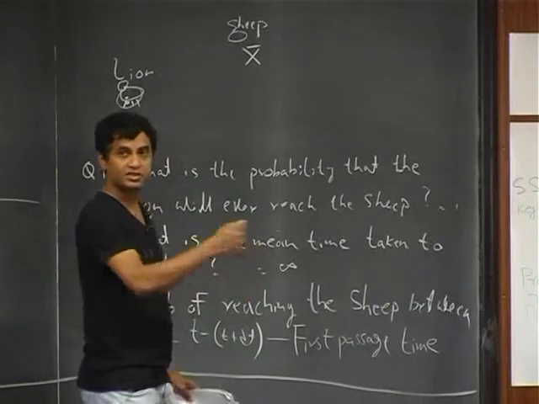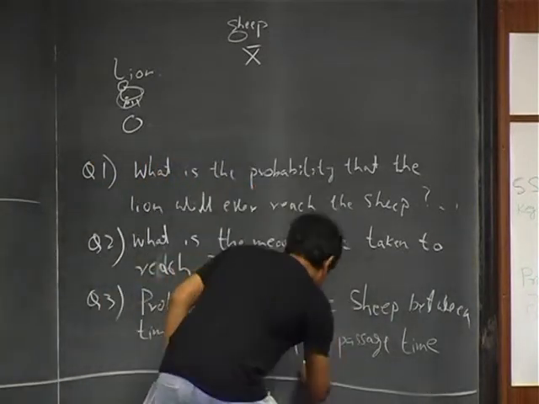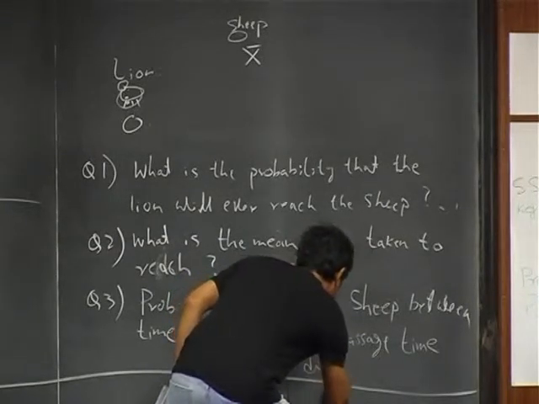The time to reach the sheep for the first time is called the first passage time. The name is clear. And this is called the distribution.